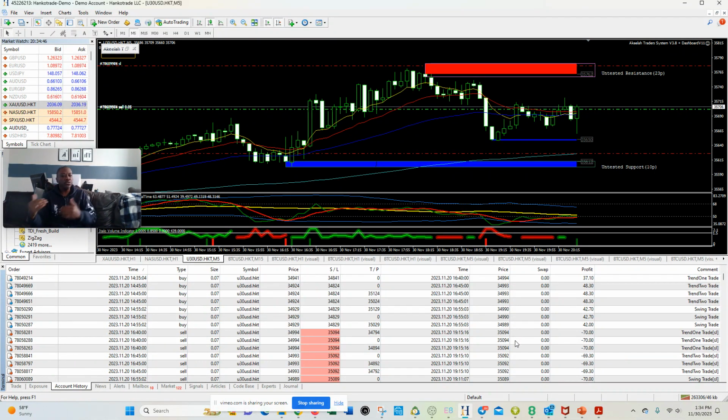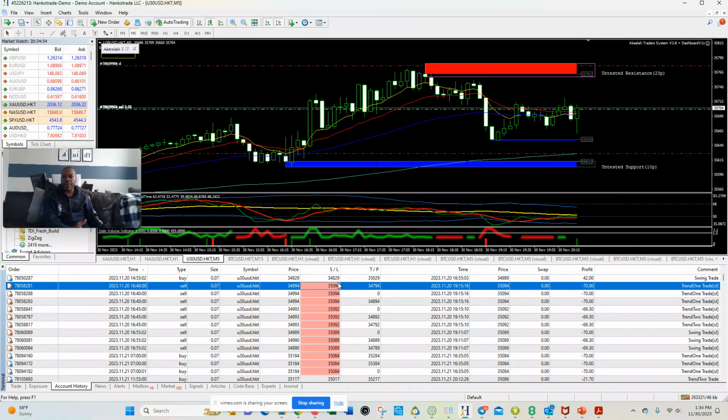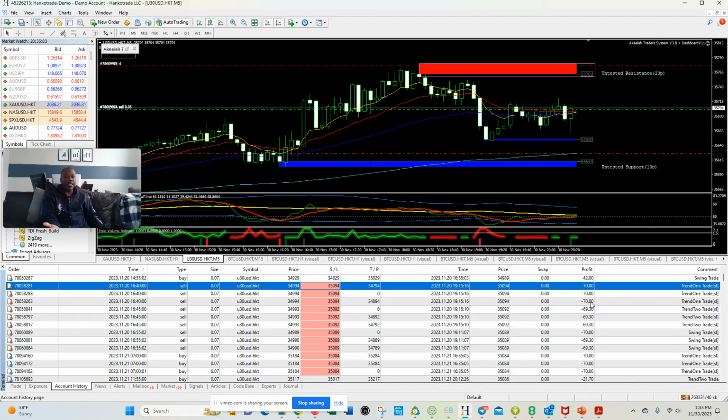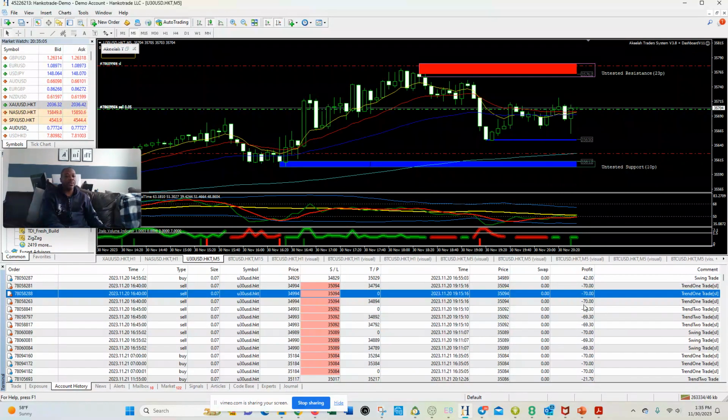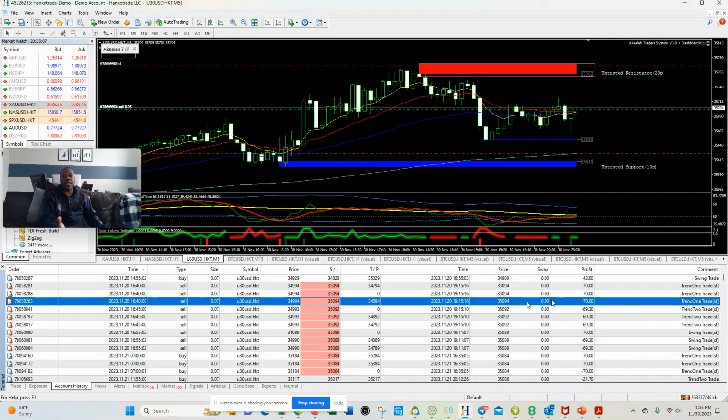And if you lose a couple of trades, like you see in this example here, what day was this? This was later on in November 20th. We had several lost trades in a row. That is going to happen in the market. We're going to lose several times in a row. But when we did, you see, we controlled how much we lost. We limited the loss on any one of these trades.